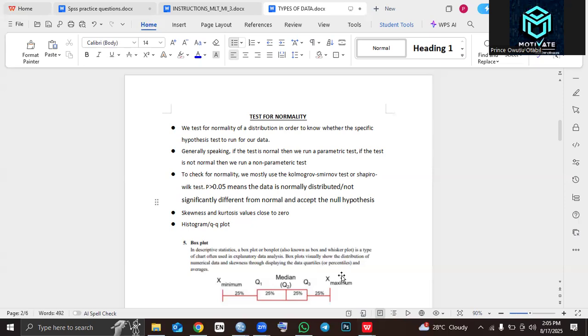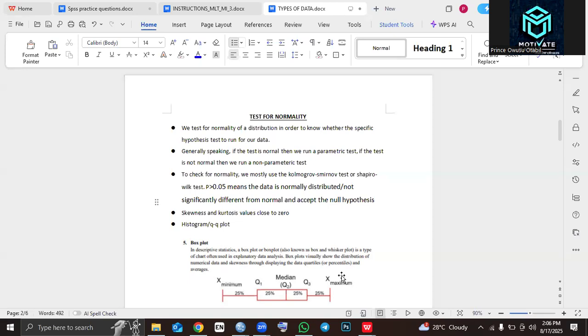Then we can say that, if we compare our value to the standard value, that is 0.05, our data is normal or not normal. So a p-value of 0.05 is the standard.